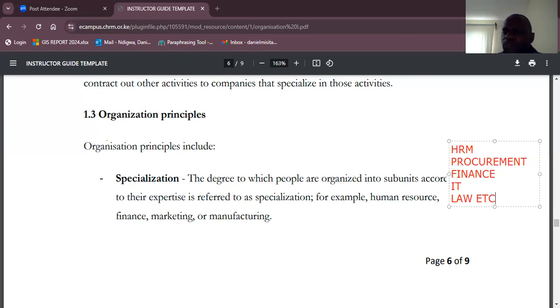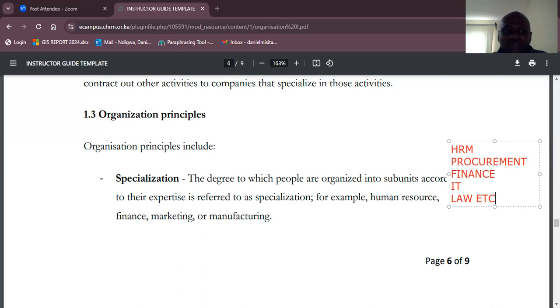For example, if you want to become a professional in an area like human resource, you must be registered with a particular society, or you must be a member of a professional body. For example, you as human resource practitioners, you must be registered with the Institute of Human Resource Management. Hope I'm right.